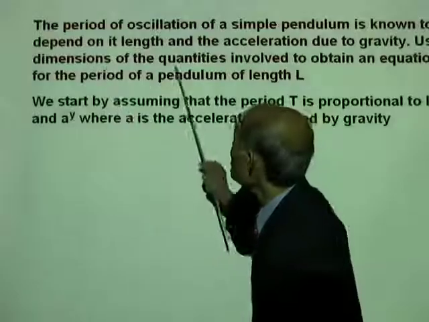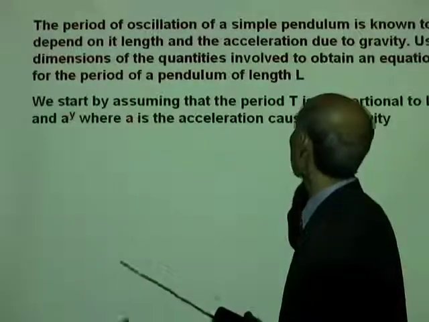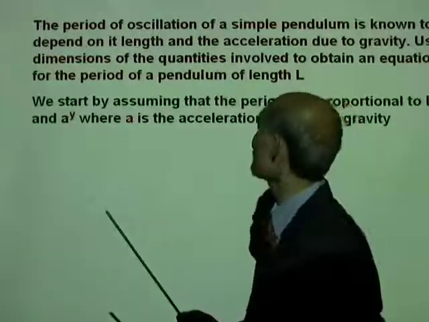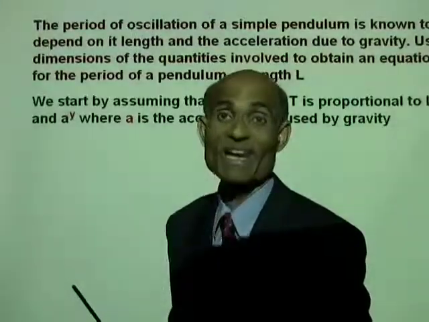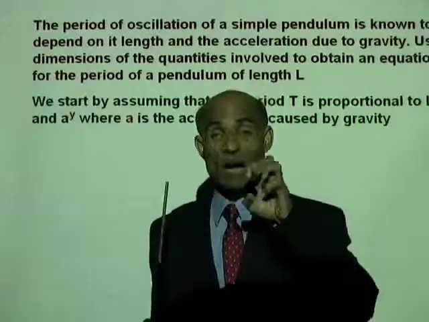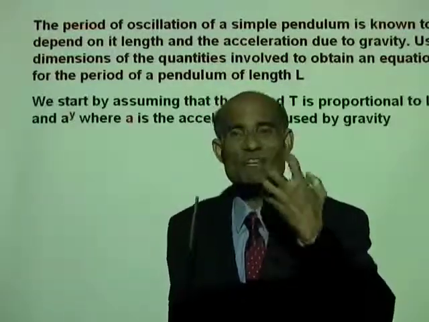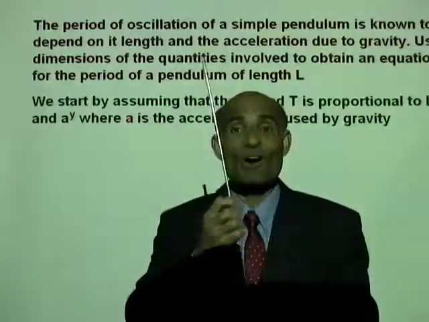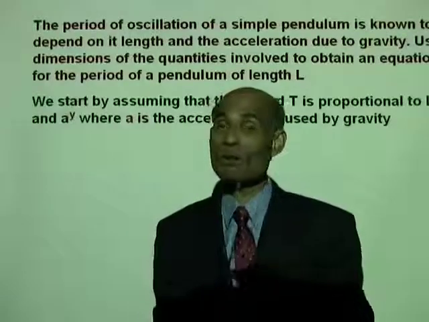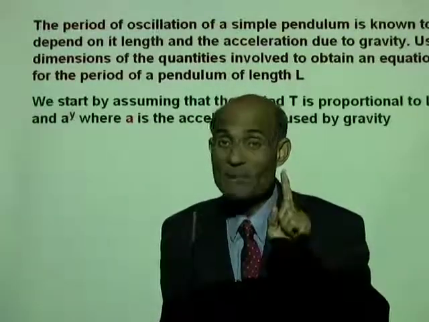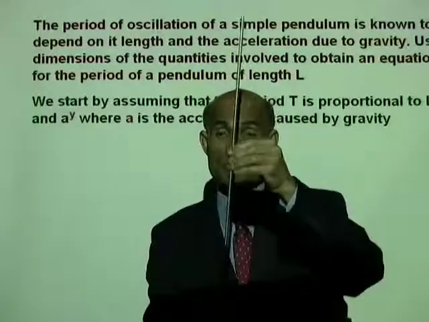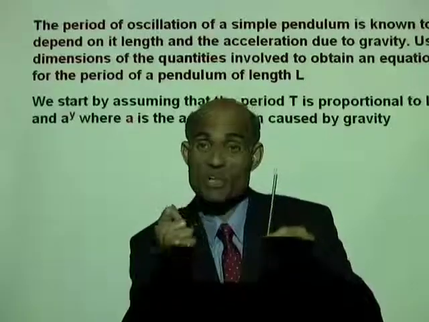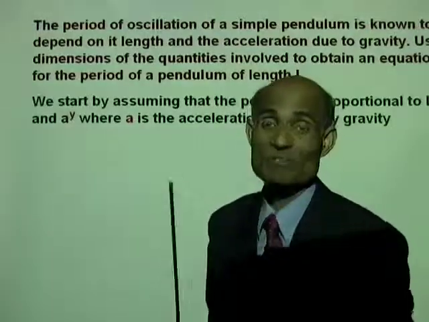Use dimensions of these quantities involved to obtain an equation for the period of a pendulum of length L. Now, this information is enough for us to obtain a mathematical equation for the period of a pendulum. Now, what are the quantities on which the period depends? We are told that the period of a pendulum depends on its length and acceleration caused by gravity.